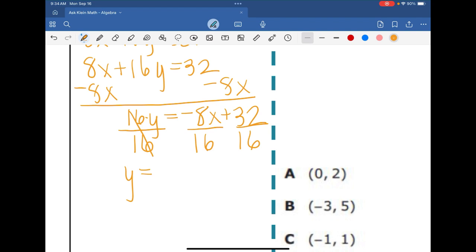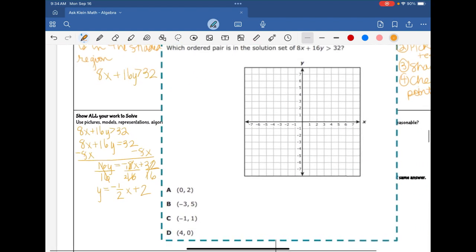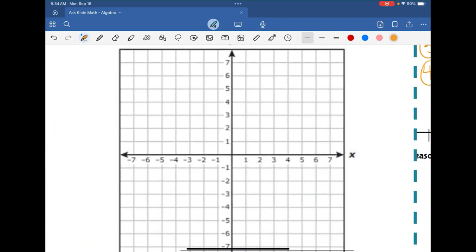I'm going to reduce 8/16. 8 goes into 8 one time, and 8 goes into 16 two times. So that would give me negative 1/2 x plus, and 16 goes into 32 two times.